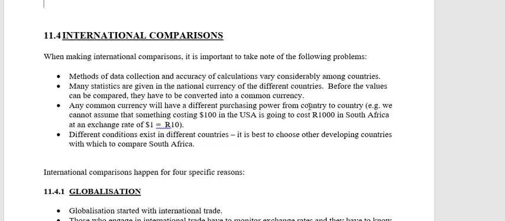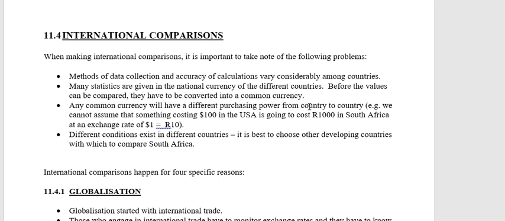The second problem is that most of these statistics, if it's a monetary statistic, so that will refer to your economic indicators more than the social indicators, are given in the national currency of the country in question. So before we can make comparisons between South Africa and another country, we have to convert any monetary values into a common currency, and the currency that they would generally use for that would be the US dollar.